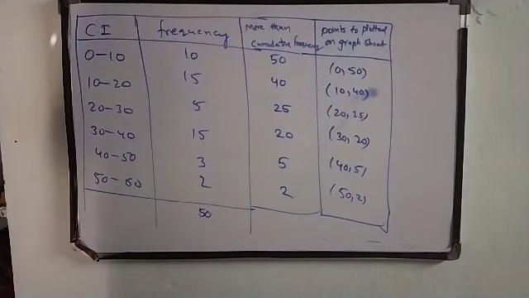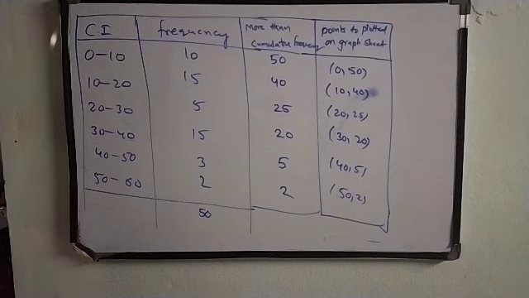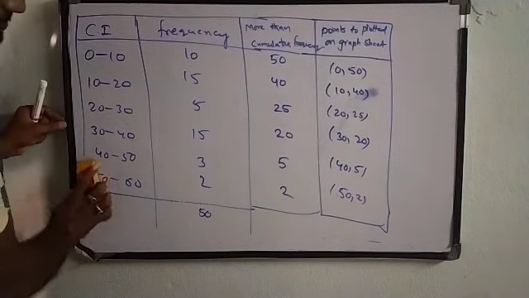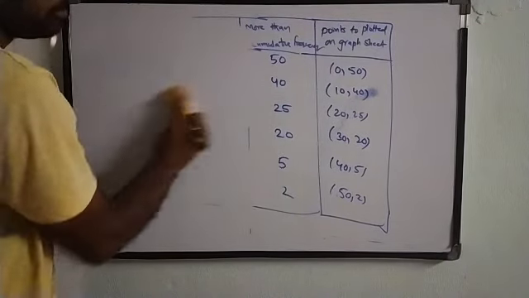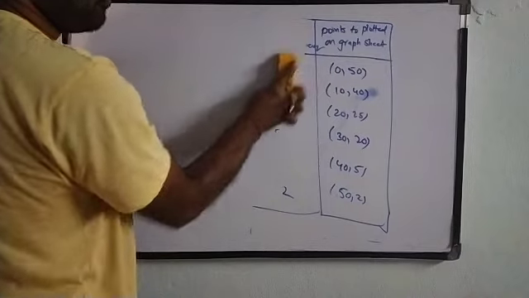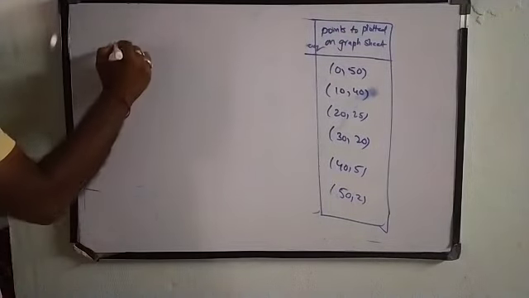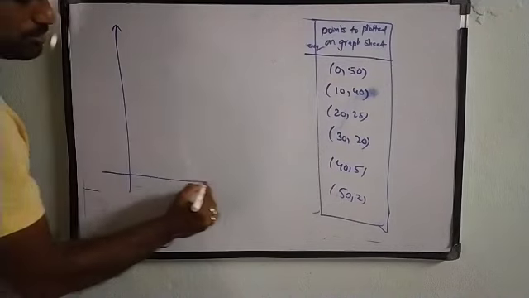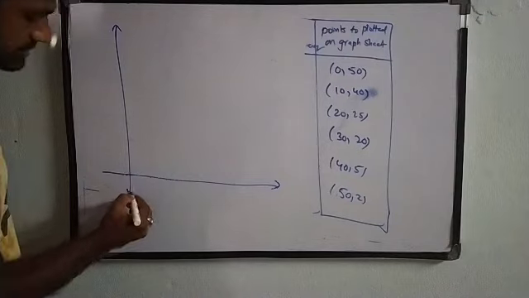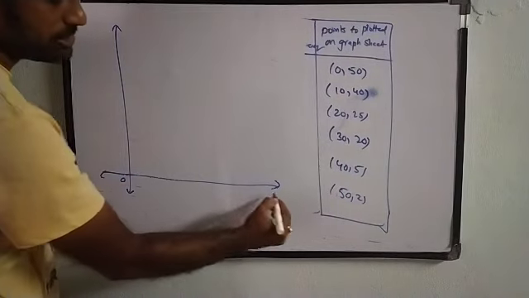So these are the points that we need to plot on the graph sheet. Let us start plotting this on the graph sheet. Let us take the coordinate axis. So this is the x-axis and y-axis. The meeting point is the origin.